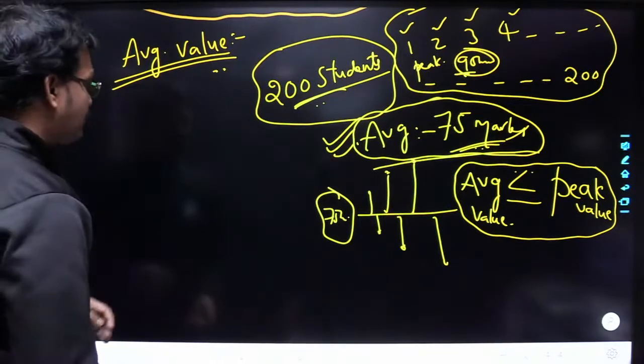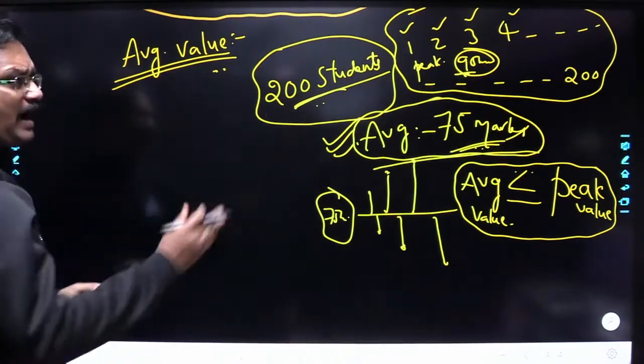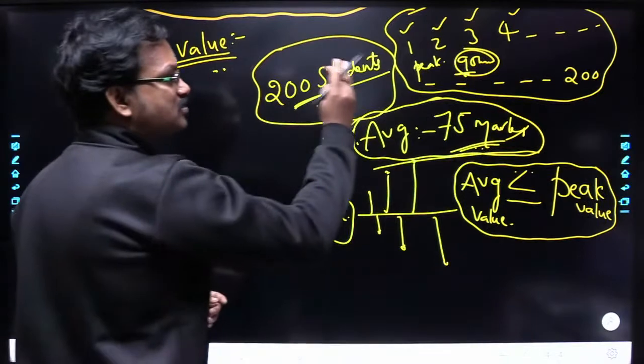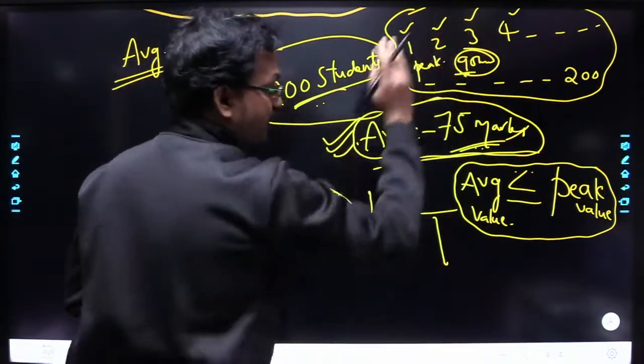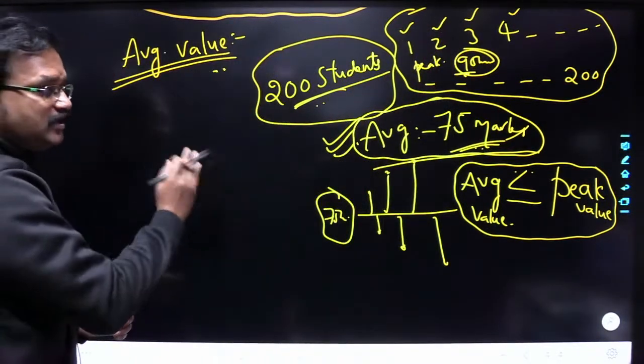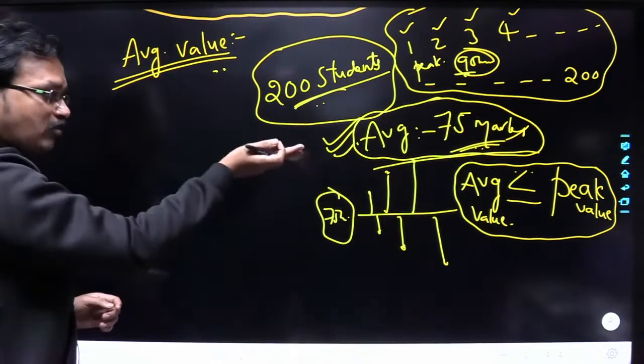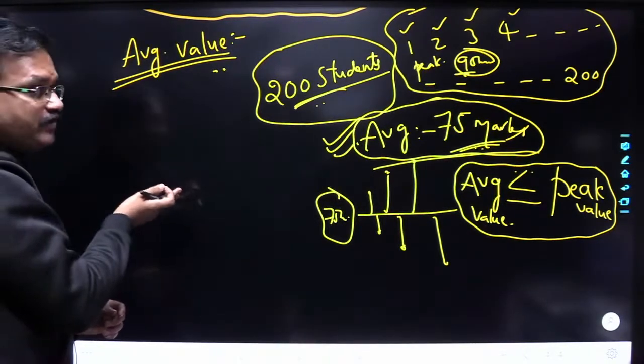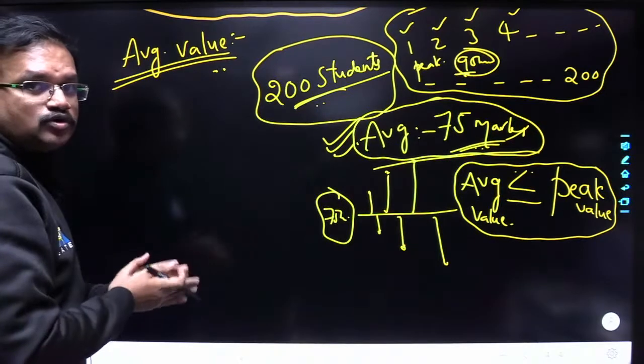What we have done here is we have added up the marks got by each and every student, and we have divided that by the total number of students.